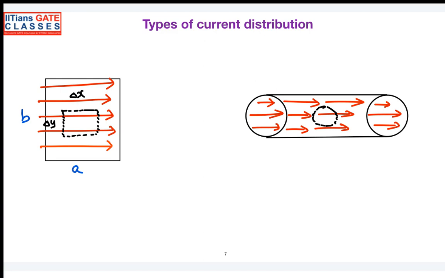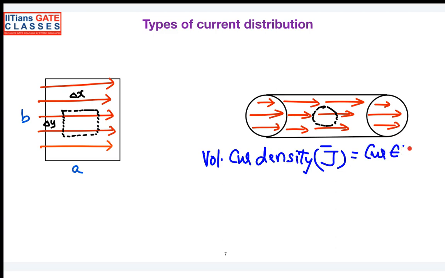To define the volume current density, the same procedure we will apply. The volume current density, which you have studied in your EDC, is basically called J, and is the current element divided by the volume. Surface current we defined as current element per area, so volume current density is defined as current element per volume.